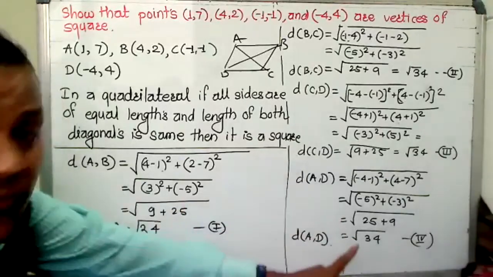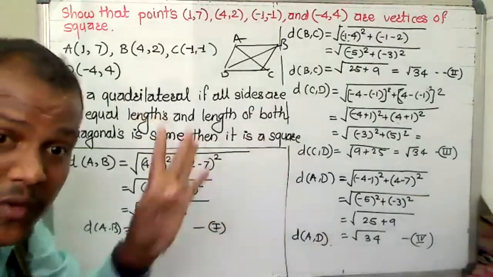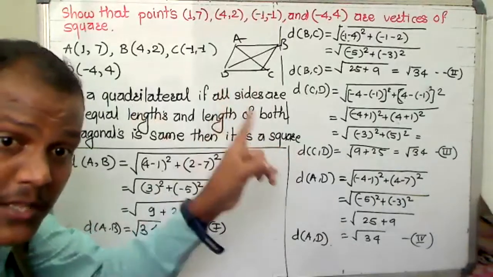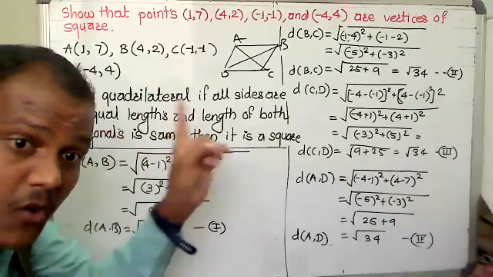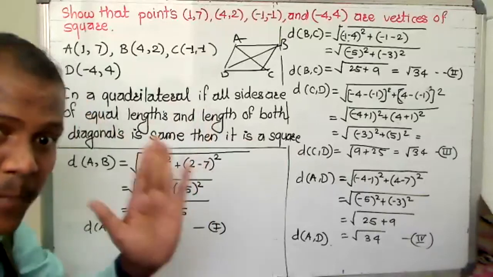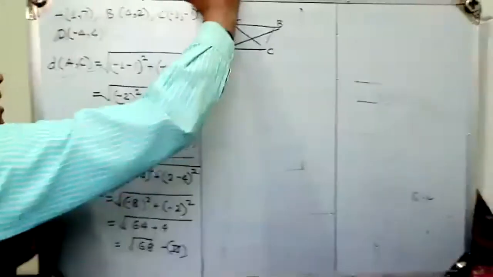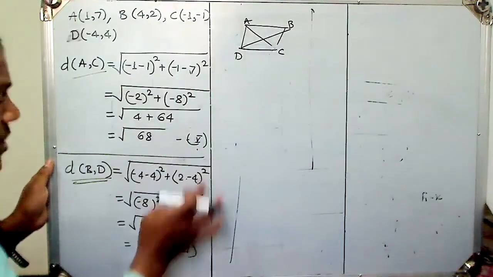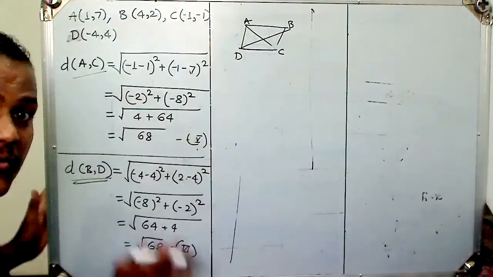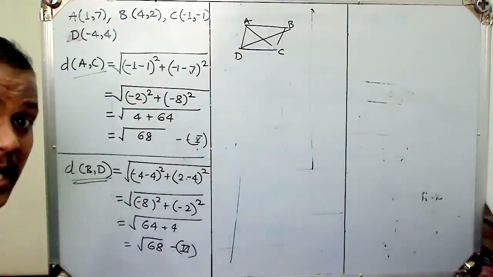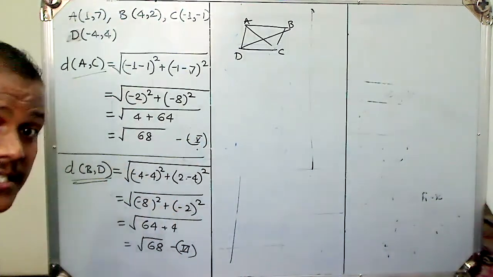Now, from 1 to 4, we can say that the lengths of all the sides are the same. And from equations 5 and 6, we say the lengths of the diagonals are the same.